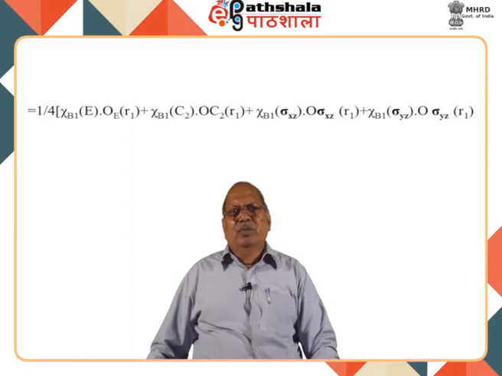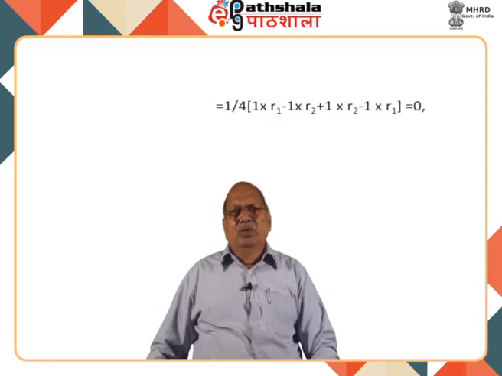That is 1 by 4 chi B1 E OE operating on R1, chi B1 C2 OC2 operating on R1, chi B1 sigma XZ O sigma XZ operating on R1, chi B1 sigma YZ O sigma YZ operating on R1, and we have the result as 1 by 4 times R1 minus R2 plus R2 minus R1, which is equal to 0. No linear combination of R1 and R2 belongs to this B1 irreducible representation.